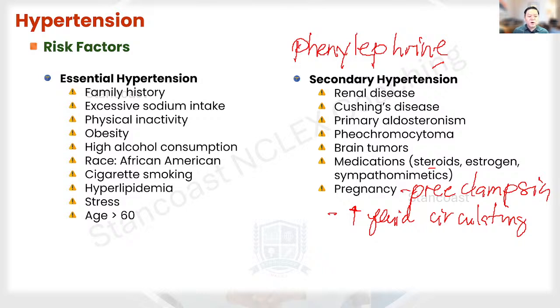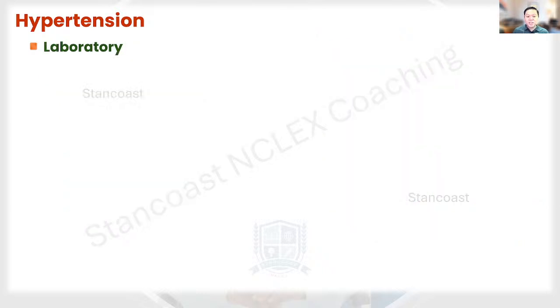Now let's move on into the next section of our discussion here, which is all about diagnostics and laboratory. But just to give you an idea that there is no laboratory test that exists in order to diagnose hypertension. Nothing. There is none. However, the laboratory findings that I'm going to talk about are only going to help in identifying the causes of secondary hypertension.